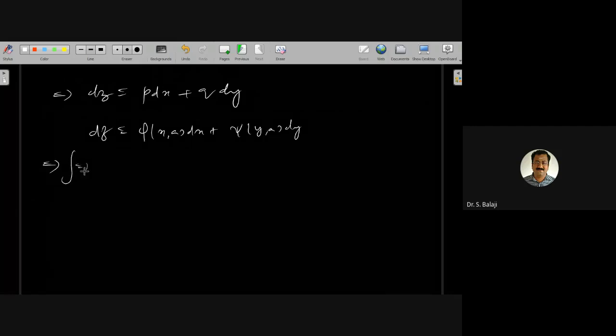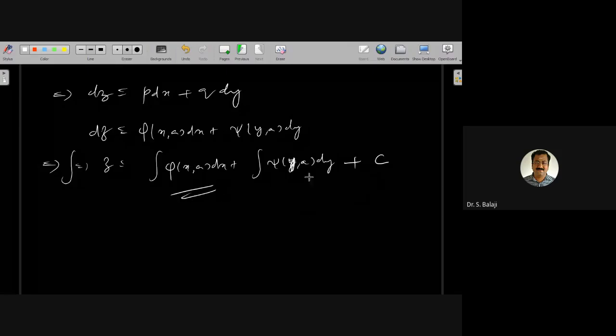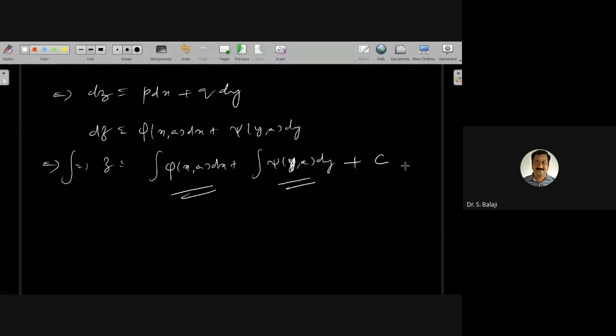Therefore, integrating, z equals the integral of the function of x comma a dx plus the integral of the function of y comma a dy, plus an arbitrary constant c. This is a relationship between x, y, with two arbitrary constants, a and c. Therefore, we can say that is the complete solution.